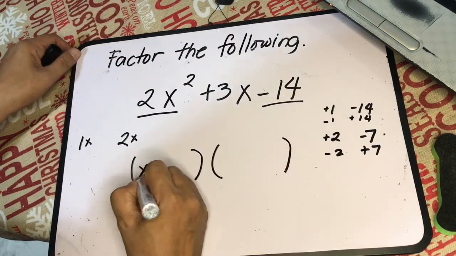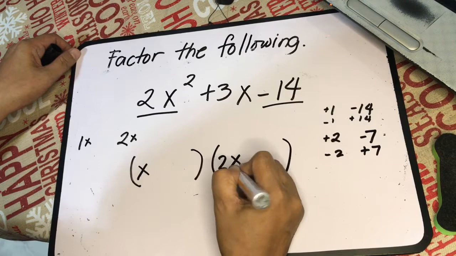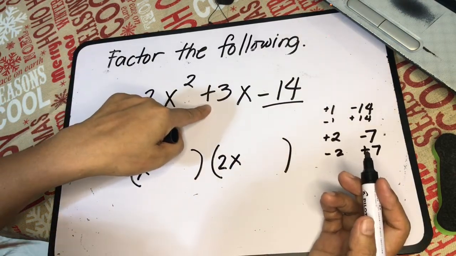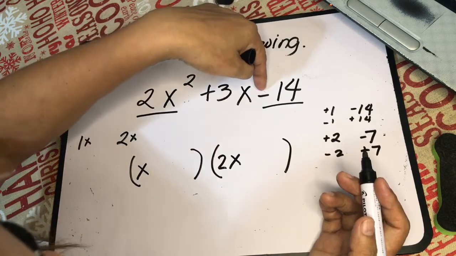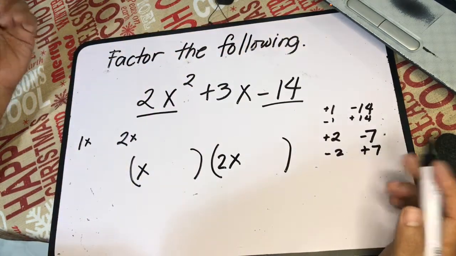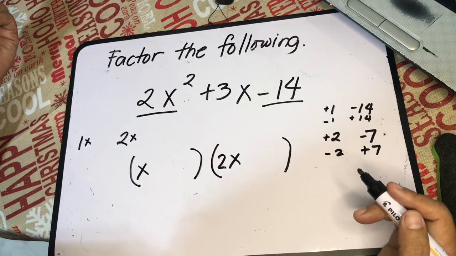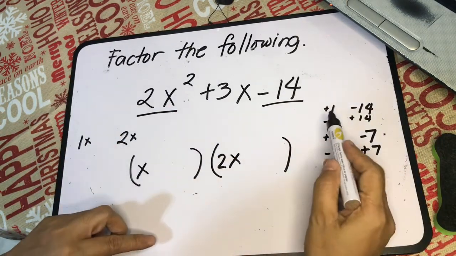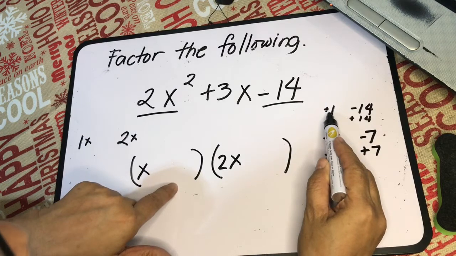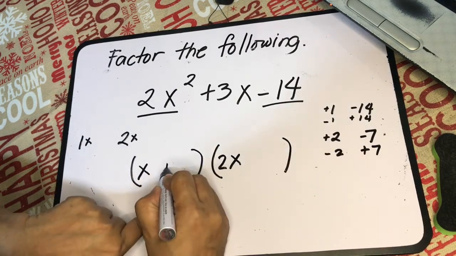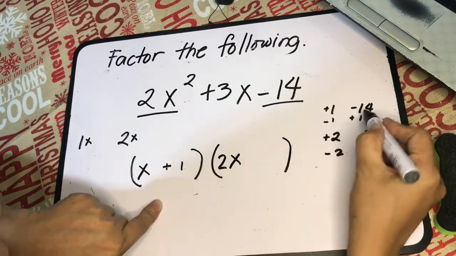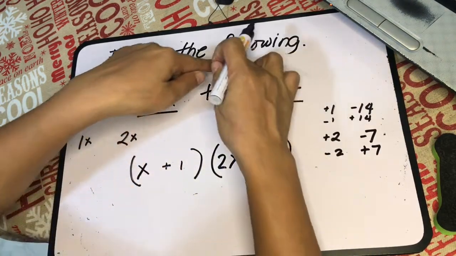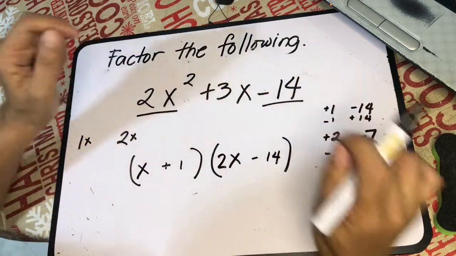What is the factor of 2x squared? It can be x and then 2x. Okay. Now, we have the positive sign there. Then, we have the negative sign there. Where are we going to put the positive and the negative? Okay. Now, let us first look at our equation. If we put here positive 1 and negative 14, the middle term we will get should be 3x.